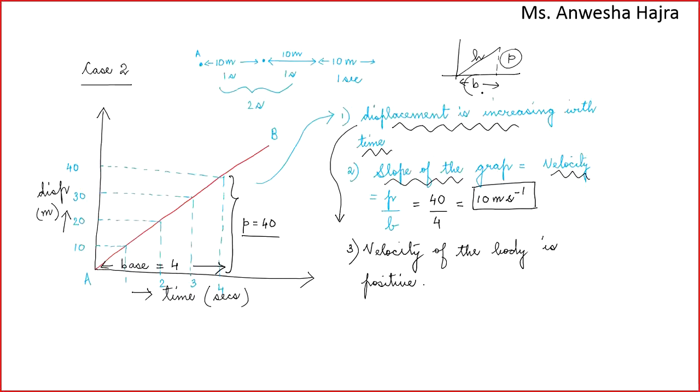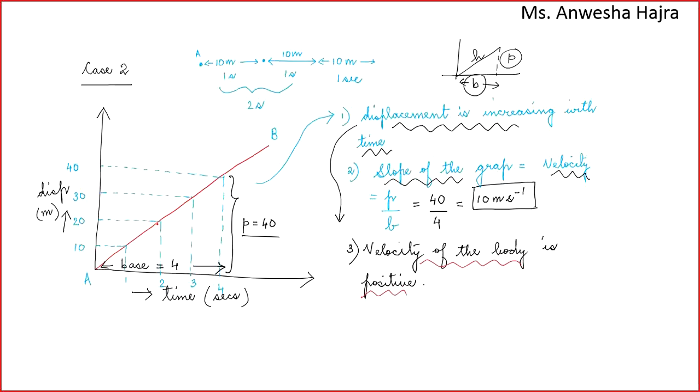Perpendicular divided by base is actually displacement by time, which will give us velocity. And when displacement is increasing with time, we say velocity of the body is positive.